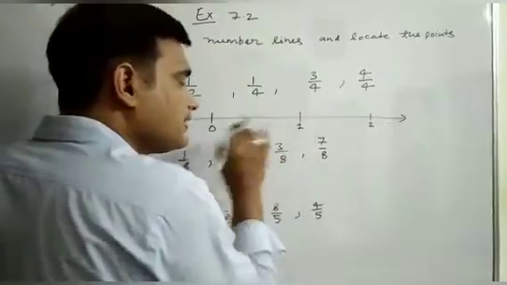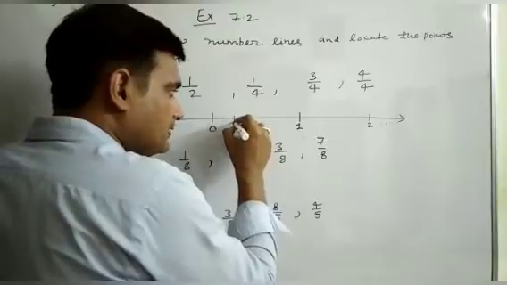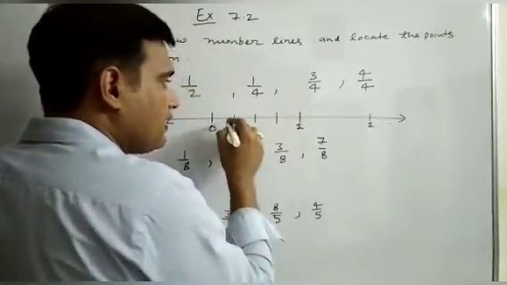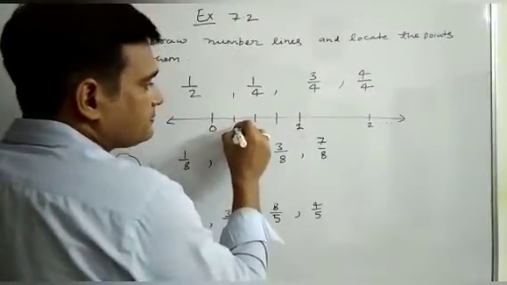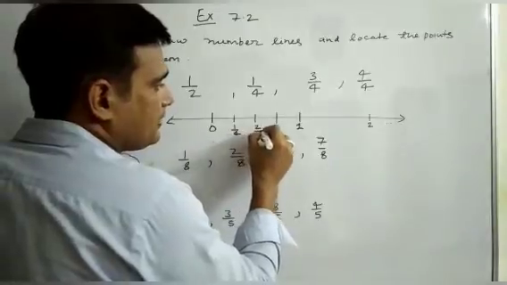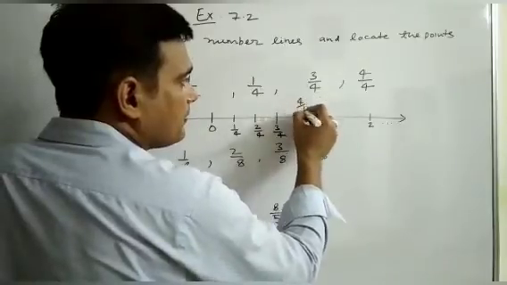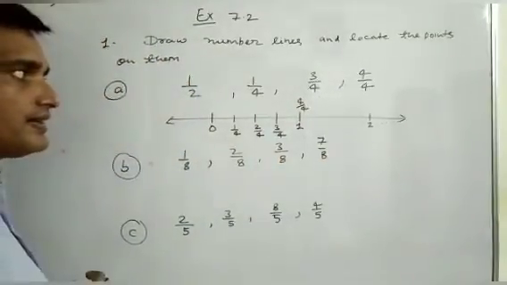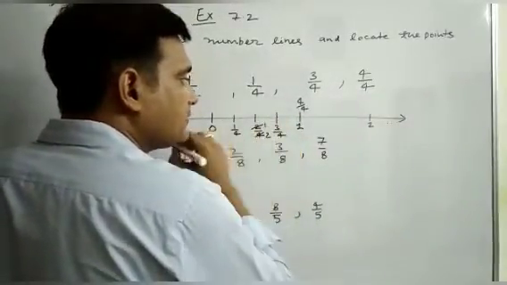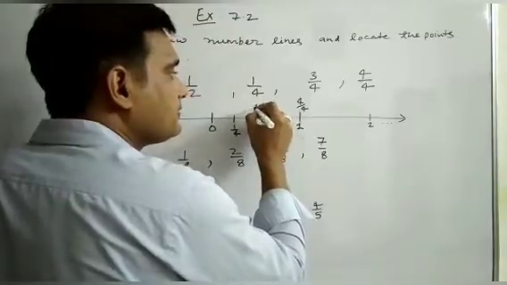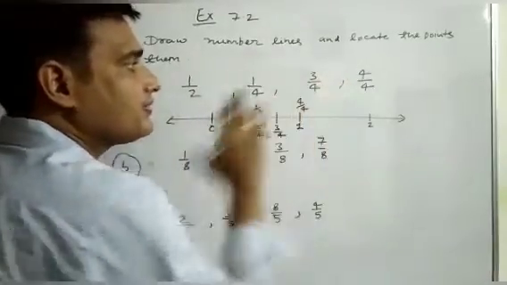Now we divide 0 and 1 in 4 equal parts. 1, 2, 3, 4. Now the first part will represent 1 by 4, second 2 by 4, third 3 by 4, and fourth 4 by 4. Understand? 2 by 4 is equal to 1 by 2. This represents 1 by 2. Okay. In this way we represent 1 by 2, 1 by 4, 3 by 4 and 4 by 4.